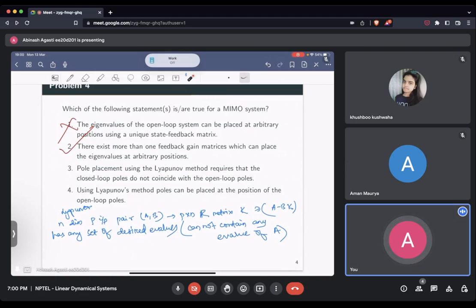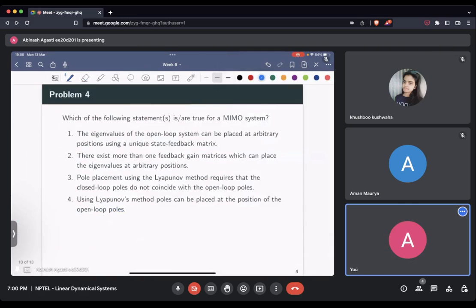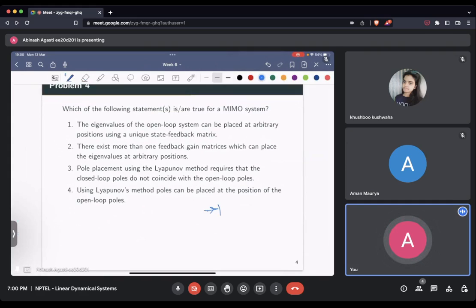So the open loop poles, okay, let's say you had a system. Typically you have an integrator, x dot equals Ax, but you take a feedback K here.